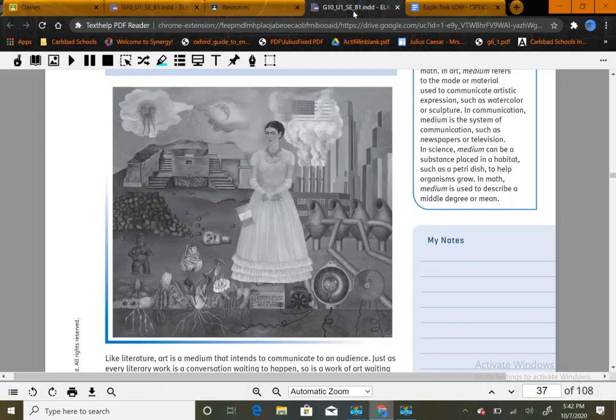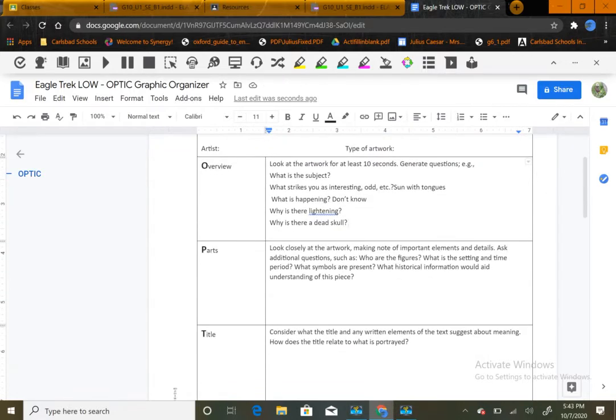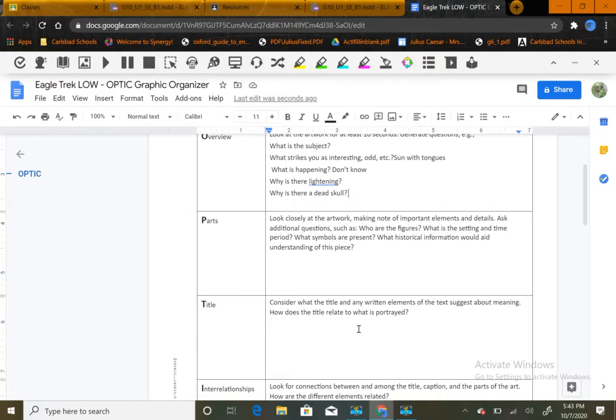If you look at this for 10 seconds, then you will come up with some questions. Why is there a dead skull? Okay, and there's many more that you can have.